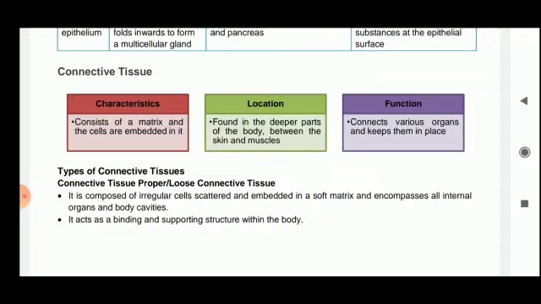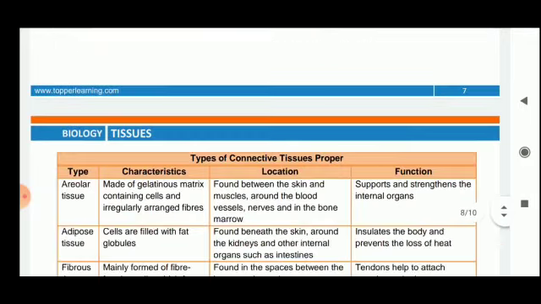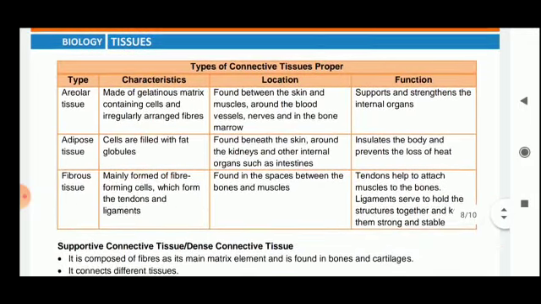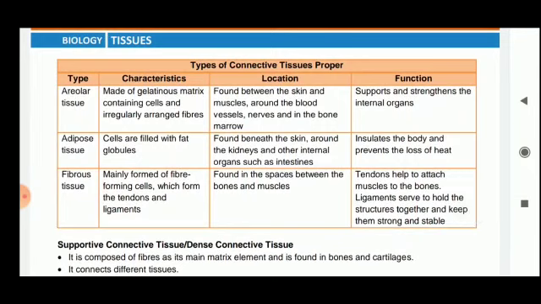Just like your stomach could move upwards and downwards. So supporting structure within the body means it gives you a structure. Your body is in shape because of the connective tissue, because it maintains the fixed position between the muscle and the skin.